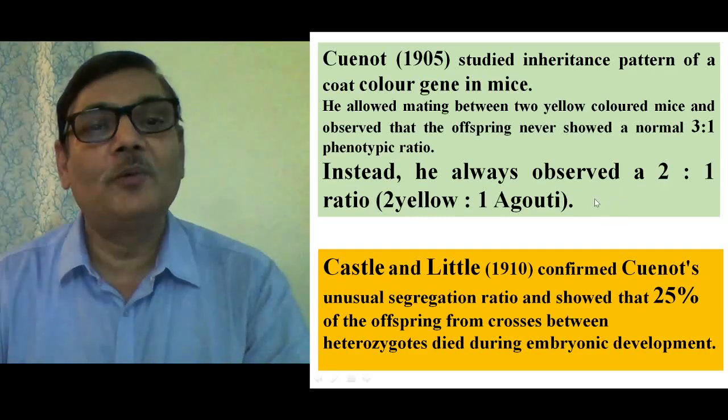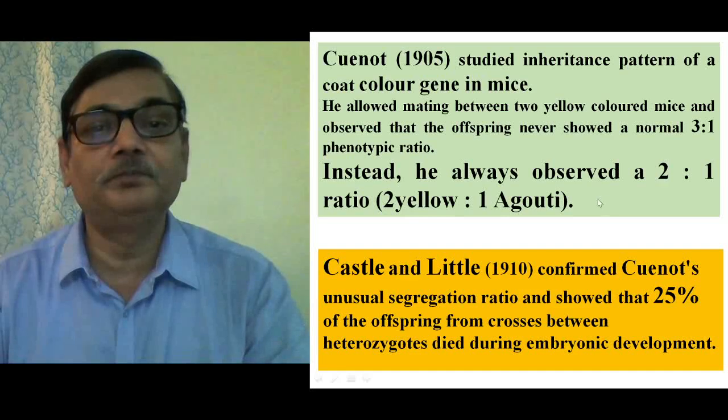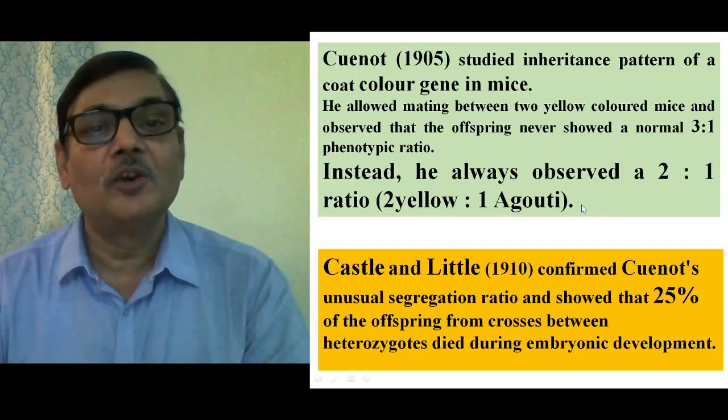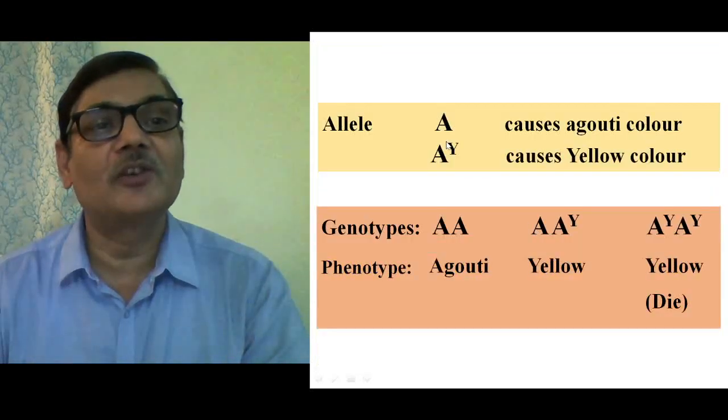When pregnant females were dissected to observe the embryos in their womb, it was found that 25% of the developing embryos were dead. So they could understand that there is some lethality, some specific genetic reason which is causing this deviation in ratio. Now we can understand this entire phenomenon in the further explanations.